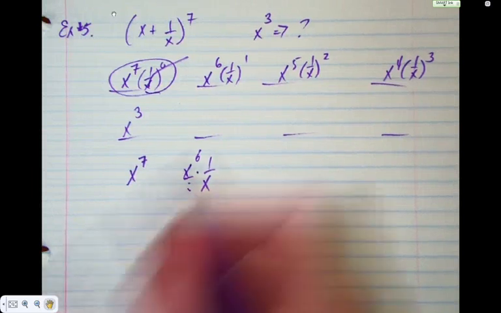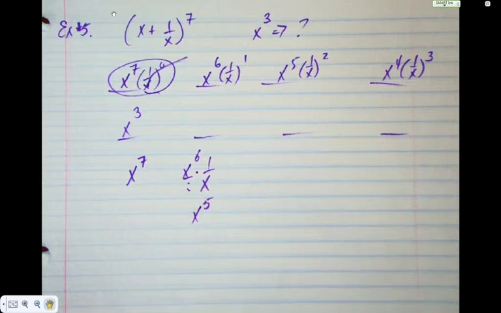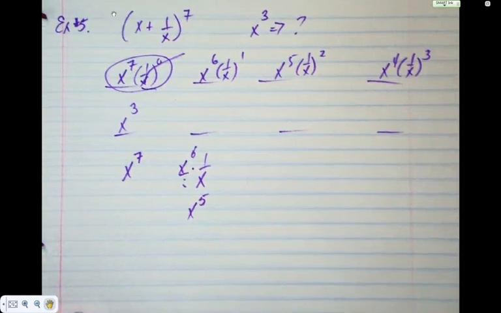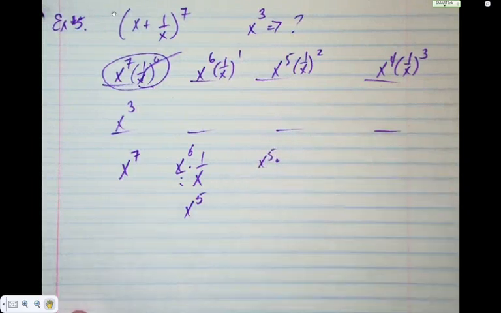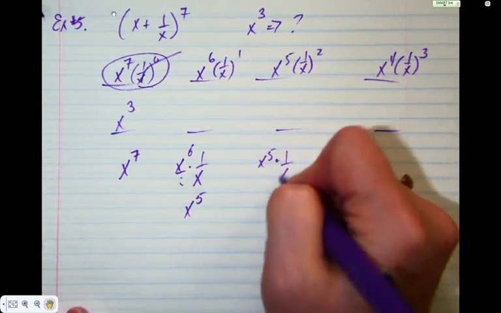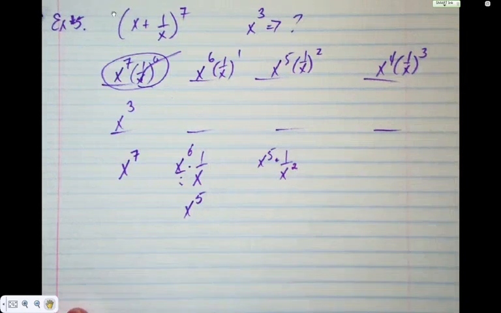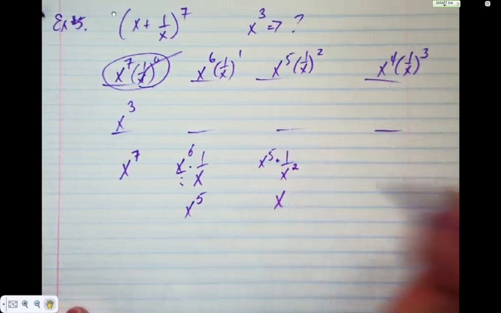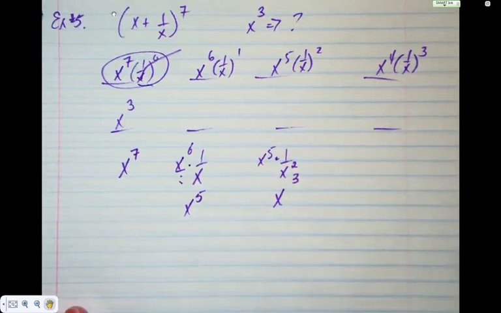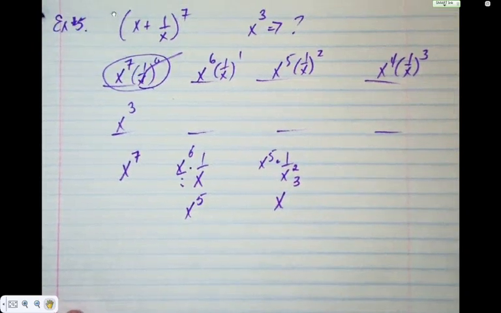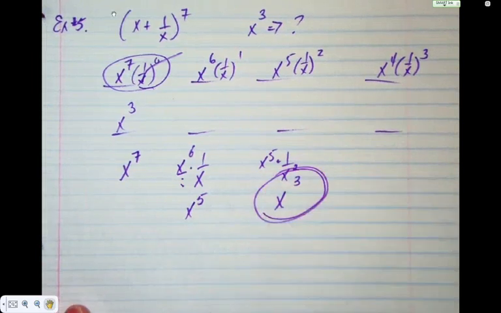The next term is going to be x to the 5 times... and that's what they're looking for. So it's this term right here that's going to have our x to the 3.